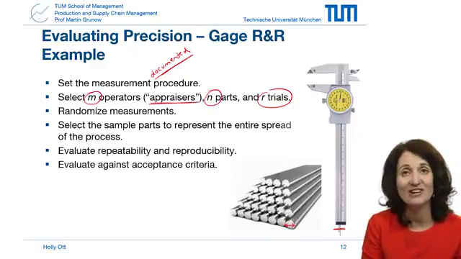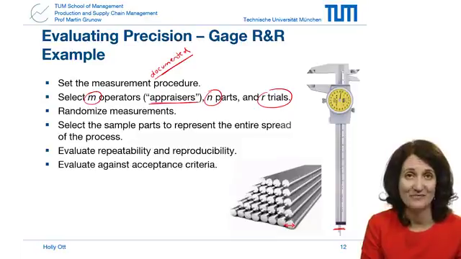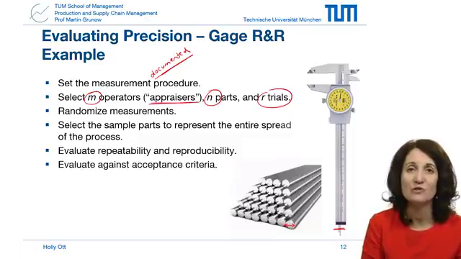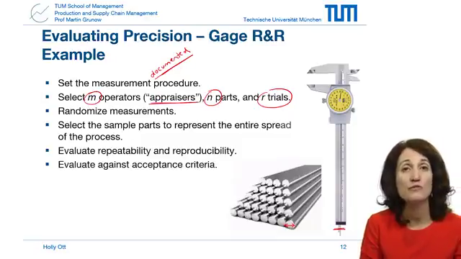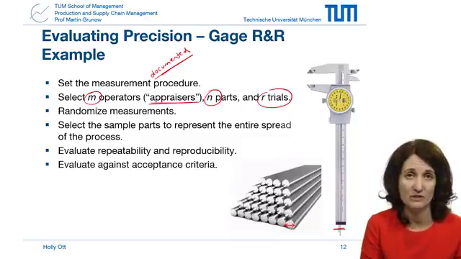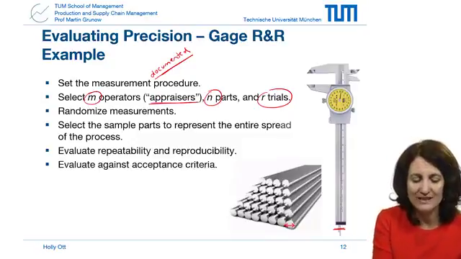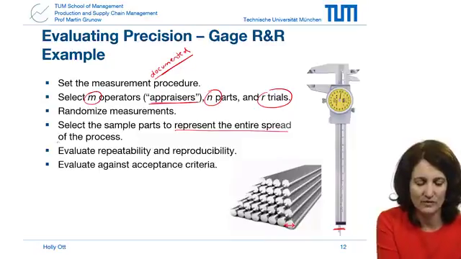This gives you an idea of how much data we're going to collect. And it's important, you want to use appraisers who normally perform the measurement, who are familiar with the equipment and the procedures. You also want to select sample parts that represent the entire spread of the process.